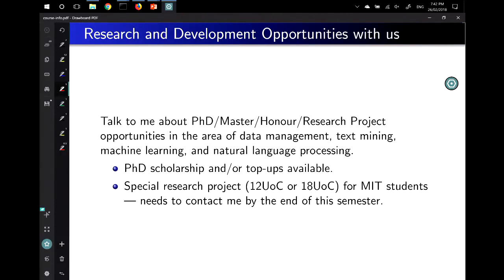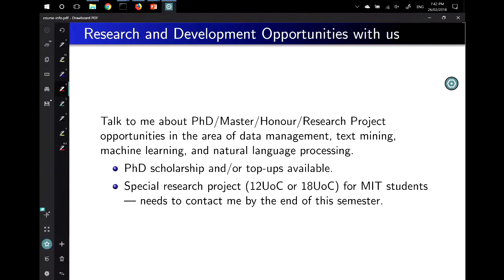If you are interested in doing research, I'm always looking for good PhD or master's students. The only problem is that UNSW changed the scheme. Previously you had master by research, and I believe now they don't have this. But anyway, if you are interested in such opportunities, there is the research project.